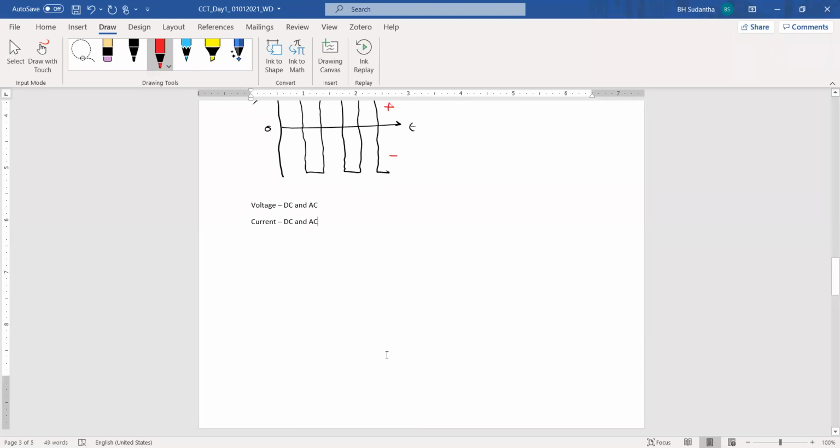Okay. Then we have talked about DC voltages as well as AC voltages. When you apply DC voltage to a circuit, DC current may be there. And when you apply AC voltage to a circuit, AC current may be there. Okay. Again, shall we go back to our slide set?